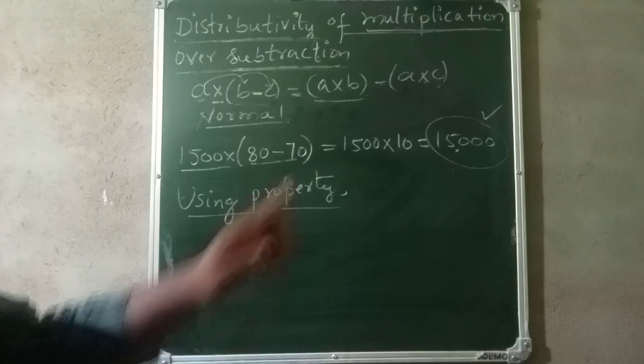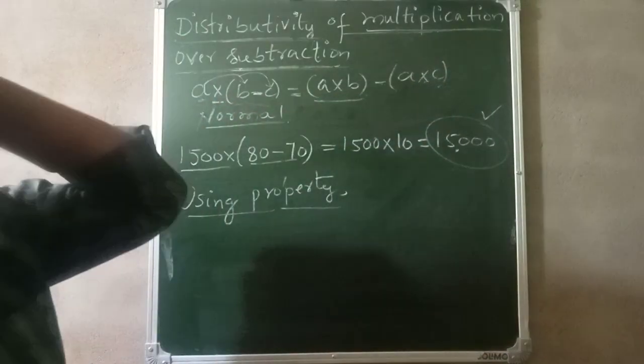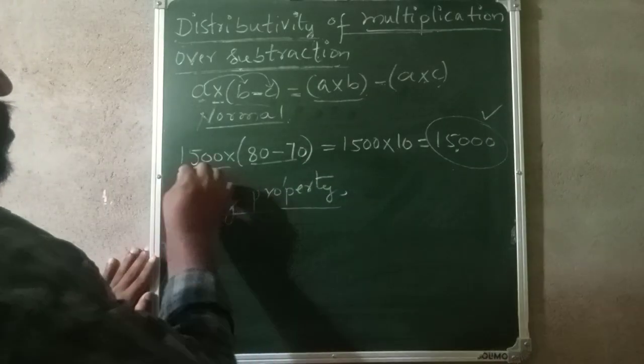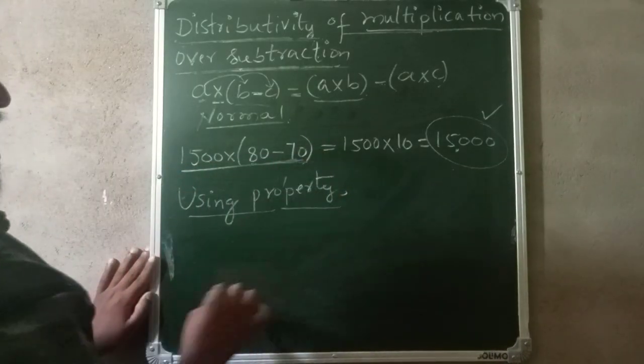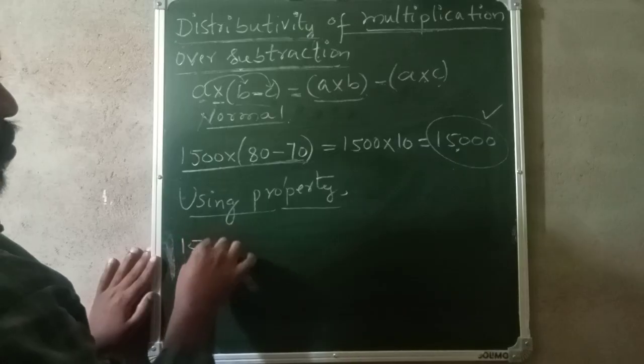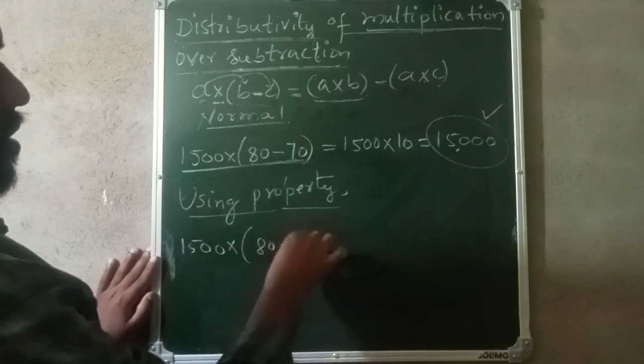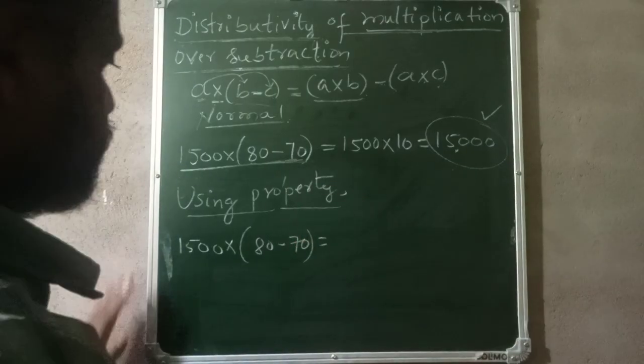Which property? This only. Using this property we will simplify. So before that, first write this as it is. So 1500 into 80 minus 70 is equal to.